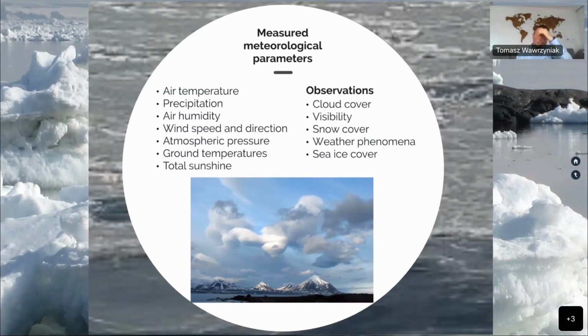The observations done by the meteorologists include the cloud cover and cloud types, visibility, snow cover, snow water equivalent. So it's not only measurement of the snow depth, but also how much water can be melted from a given snow depth. They also describe the weather phenomena and measure the temperature of the fjord, water temperature, and also sea ice cover.